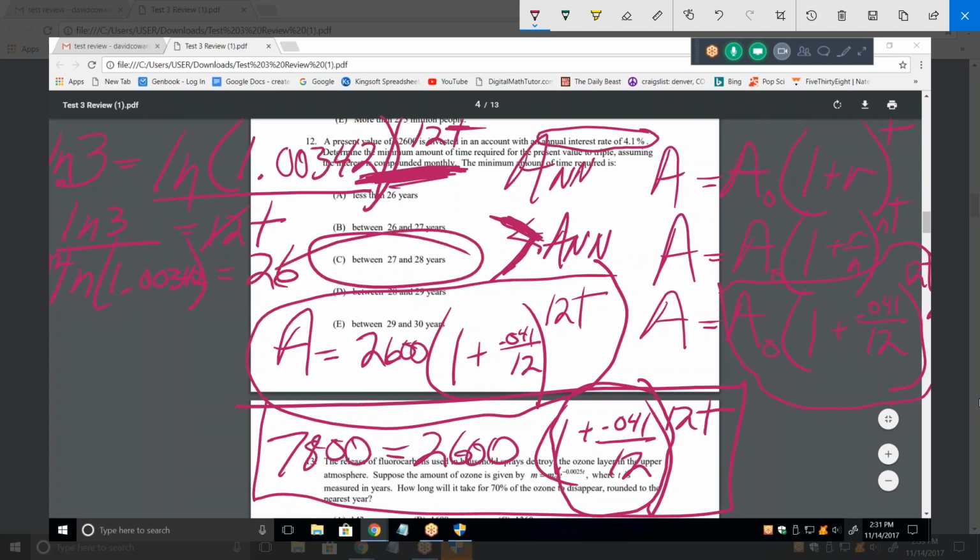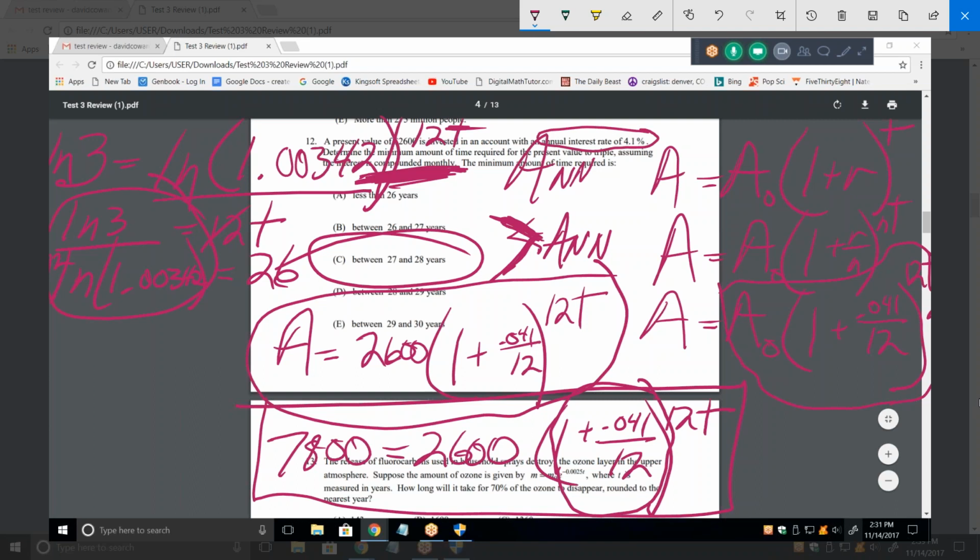Now, the reason they're giving you ranges here is because they do want you to turn these into decimals. They don't want specific, exact answers. If they did, that's the answer right there. It's natural log of 3 divided by 12 times natural log of 1.003, whatever that number is, 42.